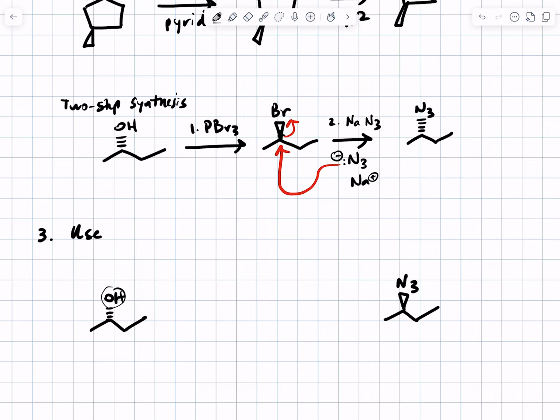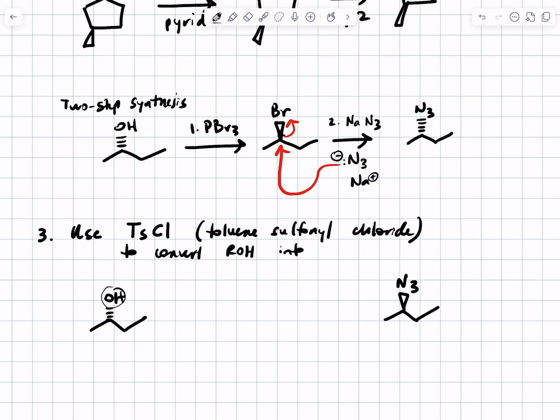So use a reagent called TsCl, that's toluene sulfonyl chloride, to convert an ROH into a type of product which we will call a tosylate, which is a stable good leaving group.